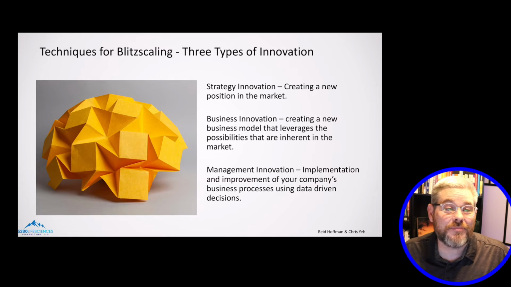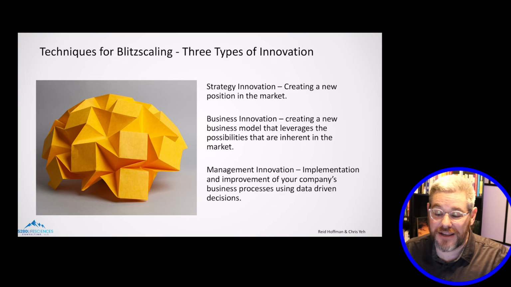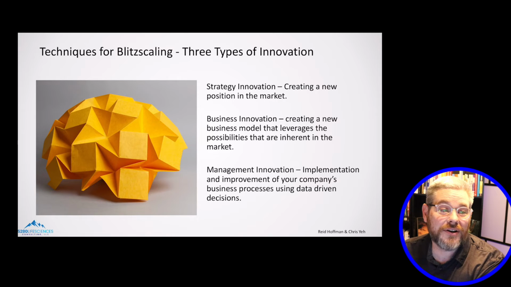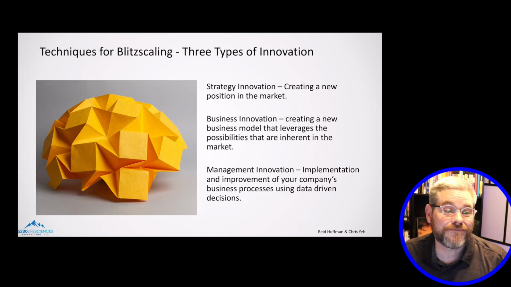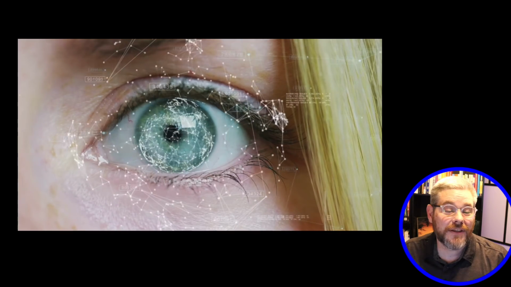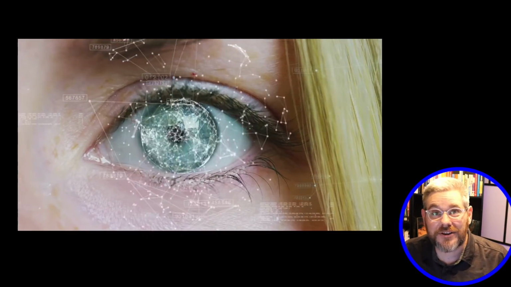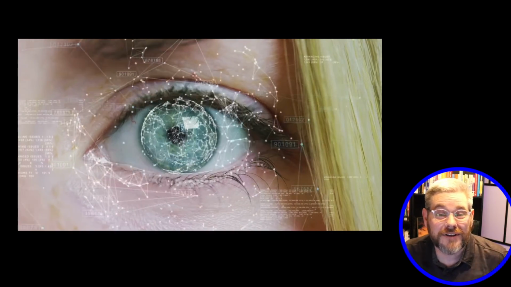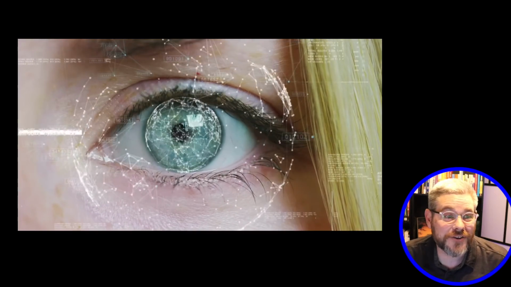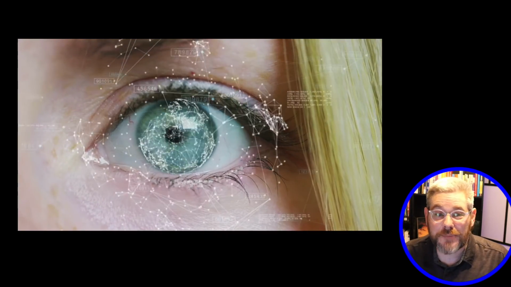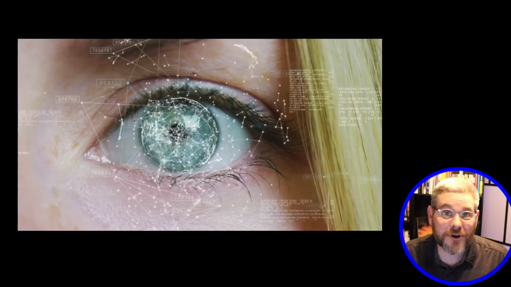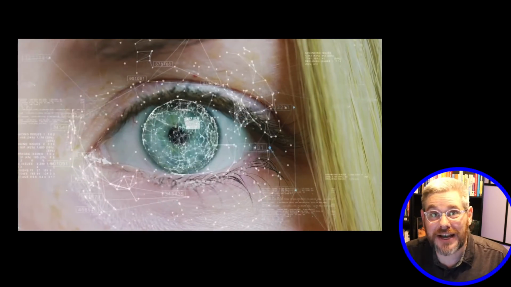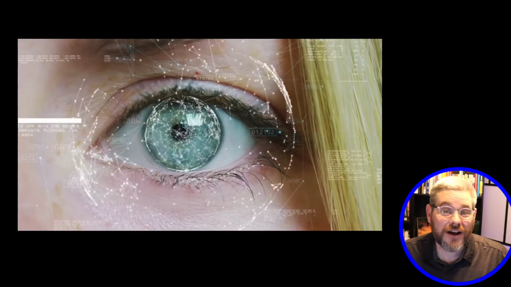The second one, business innovation, is really creating a new business model that leverages the possibilities that are inherent in the market. So this could be something like Uber applying, say, the iPhone, but it also could be applying a new type of technology into the market that actually better enables your business to grow over others.